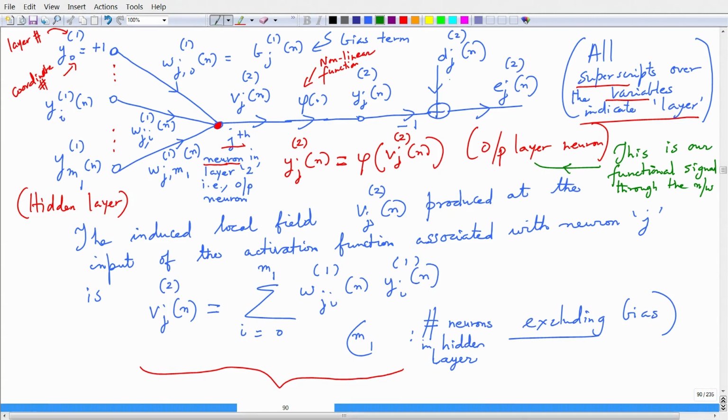We have the corresponding desired signal for this neuron given by dj, and n indicates our time instant. We get the instantaneous error signal which is ej of n, right. This gives us the complete picture of how we can compute the variables, or some of the latent variables, given the parameters of the network.